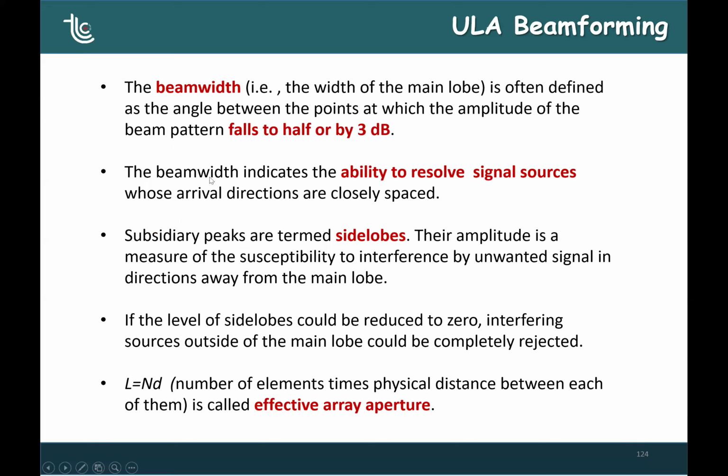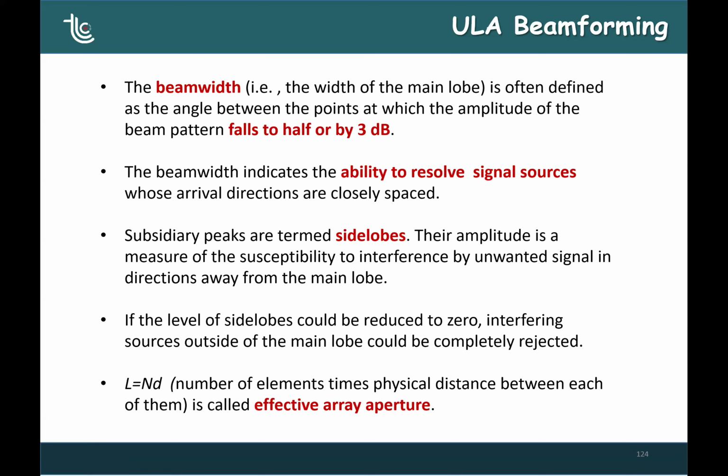The beam width also indicates the ability to resolve signal sources. So if we do conventional beamforming, and we don't do anything specific to increase the resolution, then the angle resolution is actually equal to the beam width of the main lobe.